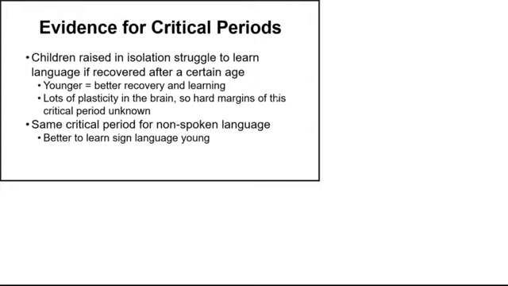So that gives us evidence that maybe it's not a critical period, maybe it's not a hard cutoff where as soon as you're outside of this particular window, you can no longer acquire language. Maybe it's just a sensitive period. Basically, that means that during that window, we're set up and primed to learn the language, but outside of that, we could do it, it's just harder.